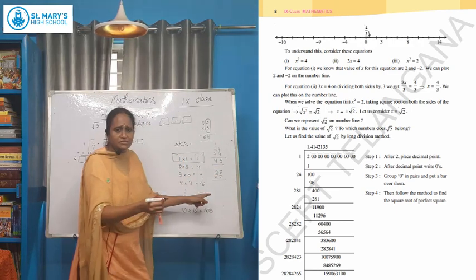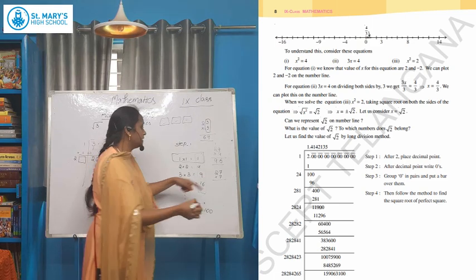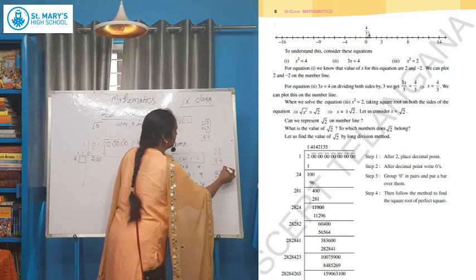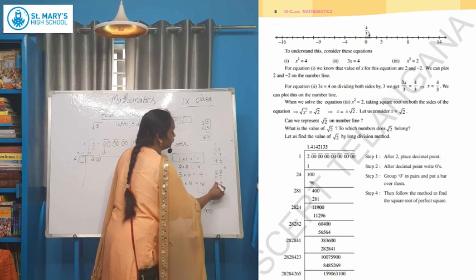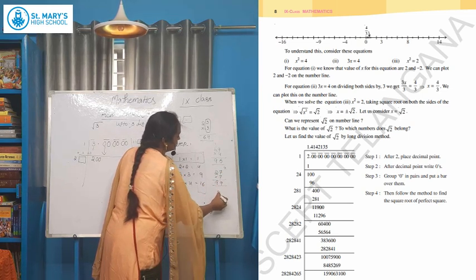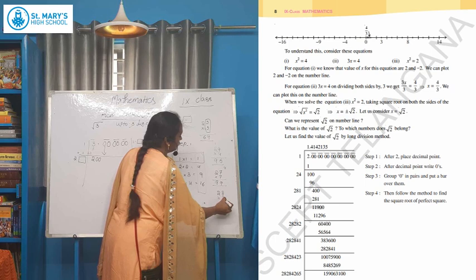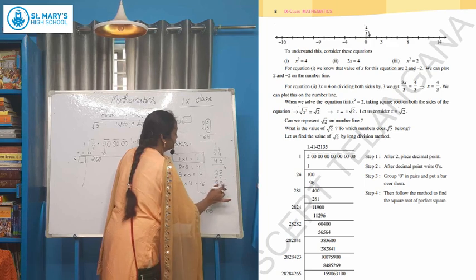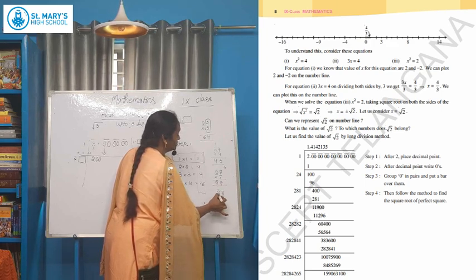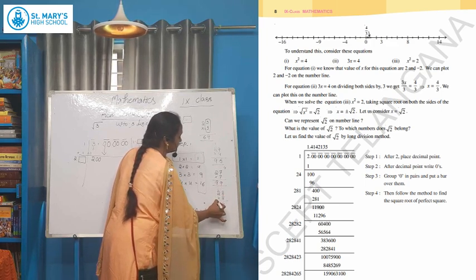We multiply 7 7s are 49, 7 2s are 14, plus 4 is 18, so 189. Next we go to 28 into 8: 8 8s are 64, 8 2s are 16, 16 plus 6 is 22, so 224.